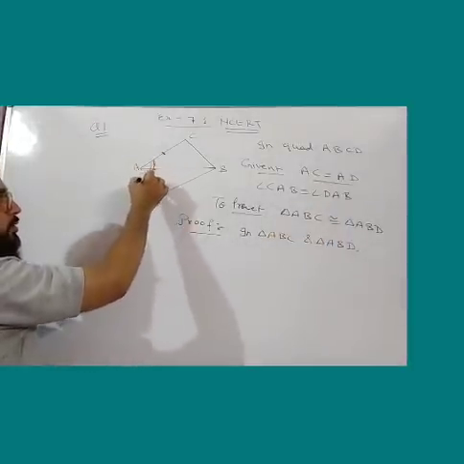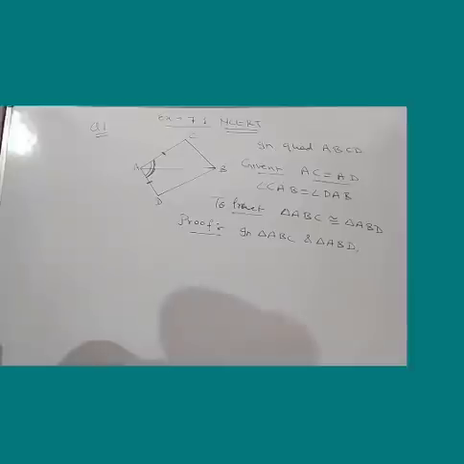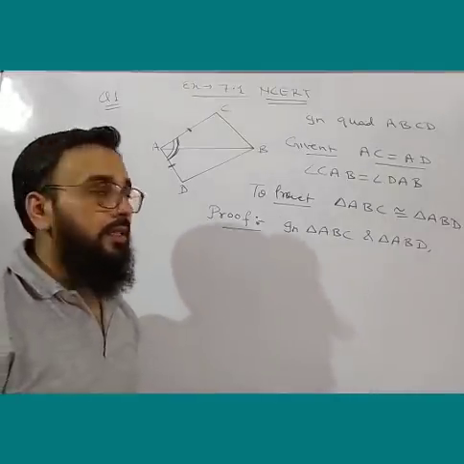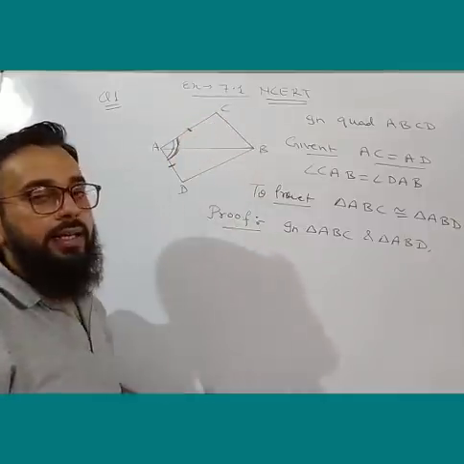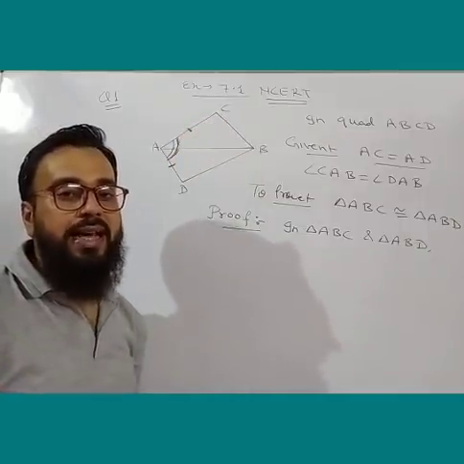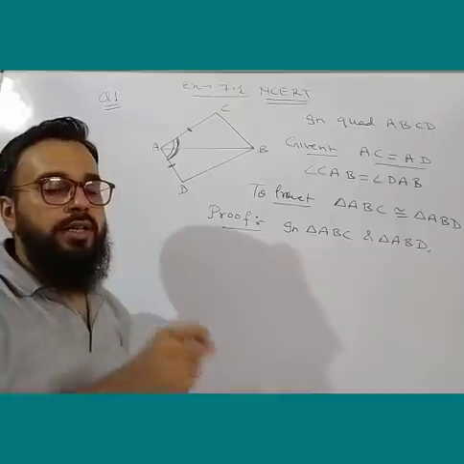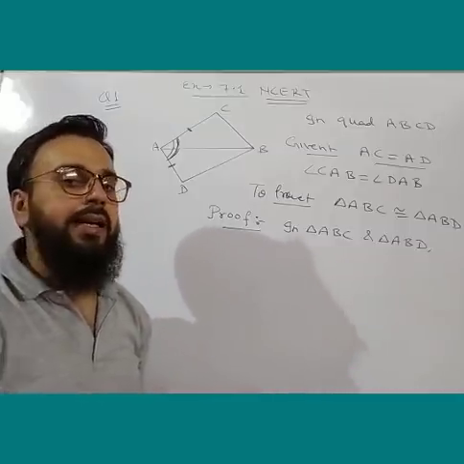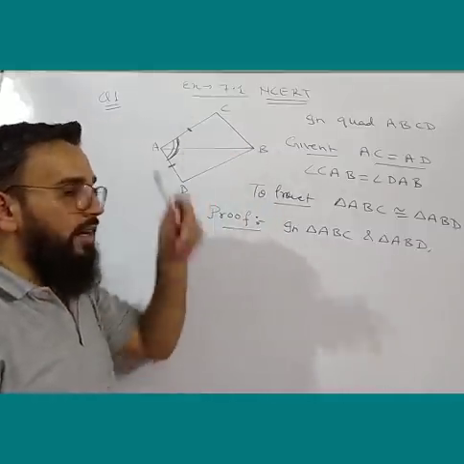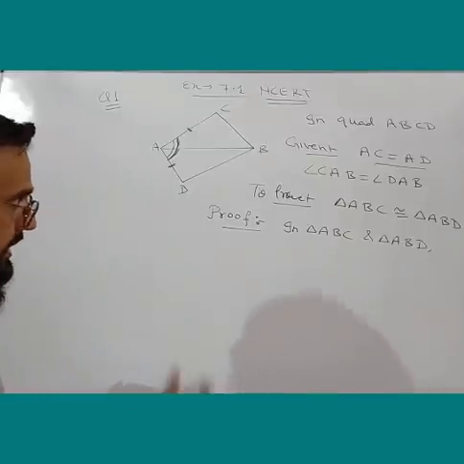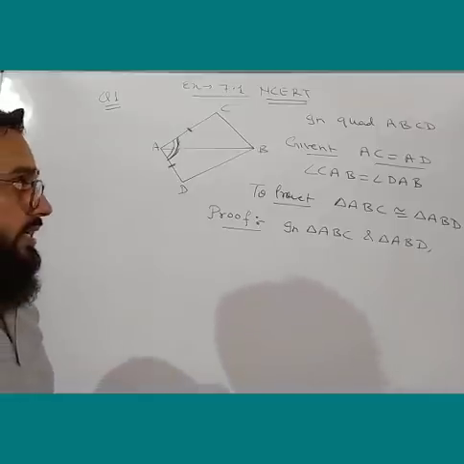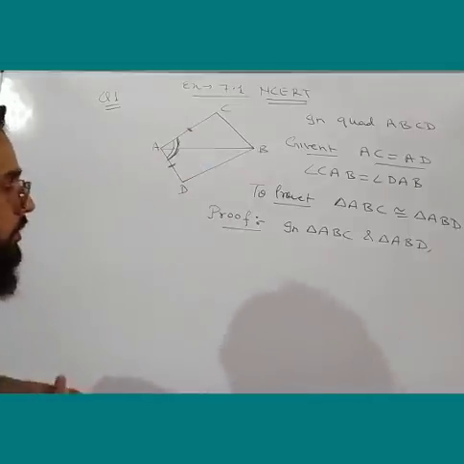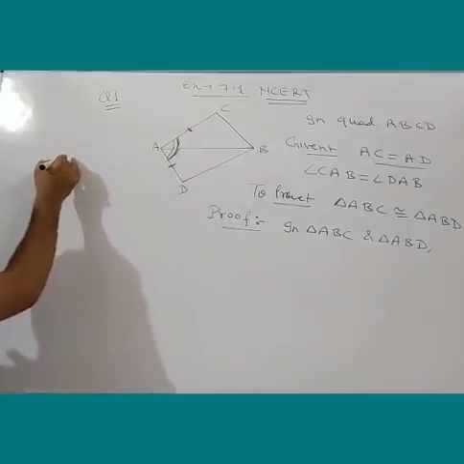These two angles are also equal, it is also given. And what is the third side which is equal in both the triangles? One side, one angle, so we have to find another side, because we can use the criteria side angle side or angle angle side. So first let us find which other thing we can get equal in both triangles.